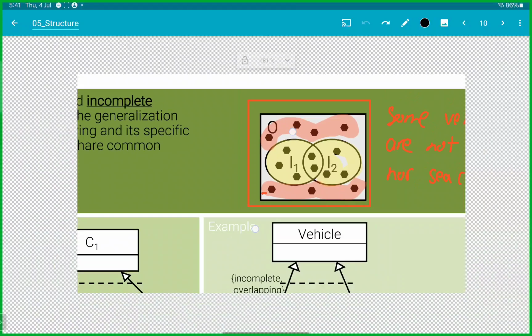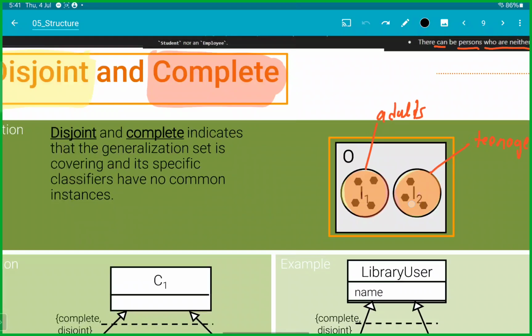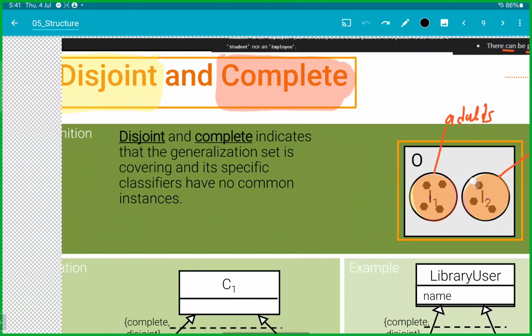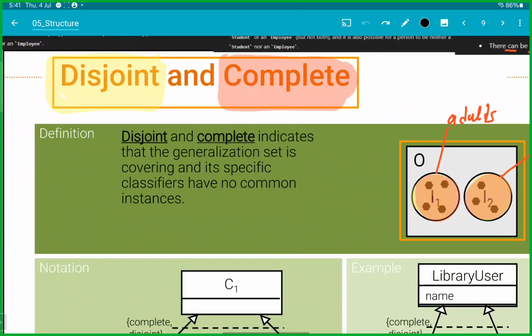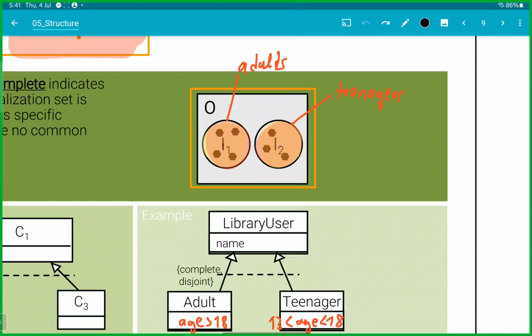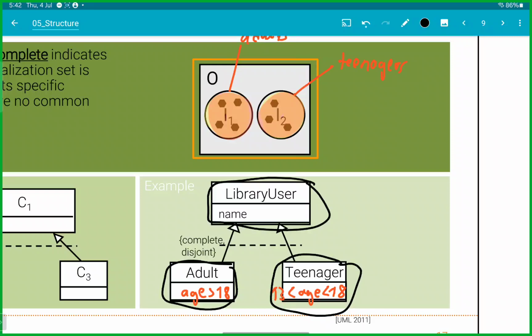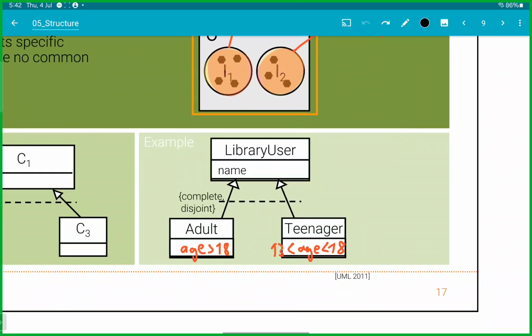So an example of the non-overlapping and complete, which is also known as disjoint and complete, is that imagine if I have a superclass called library users and I have two subclasses called adults and teenagers. In adults, I want to categorize the properties of the adult, which is people who are aged above 18, and teenagers who are below the age of 18, but yet they are still above the age of 13.